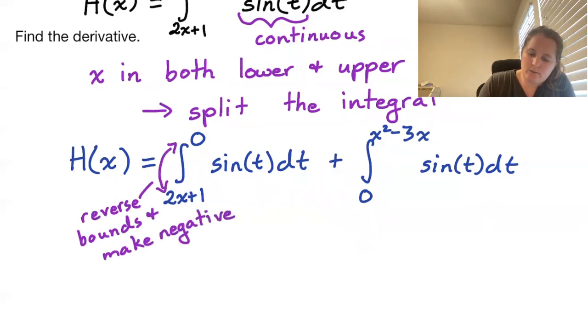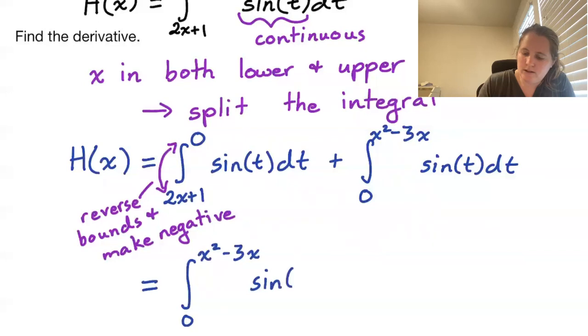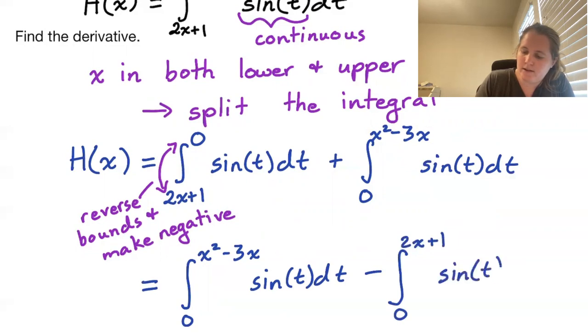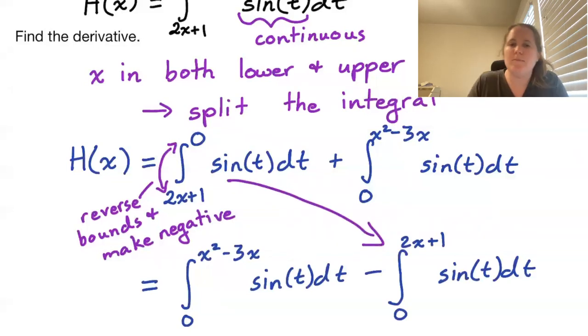So we'll have one integral, which is 0 to x squared minus 3x of sine of t dt. And then our other integral will now be subtracting the definite integral from 0 to 2x plus 1 of sine of t dt. So this integral here became negative.